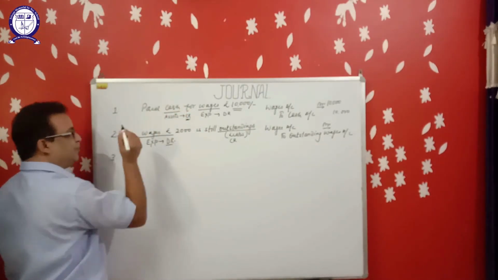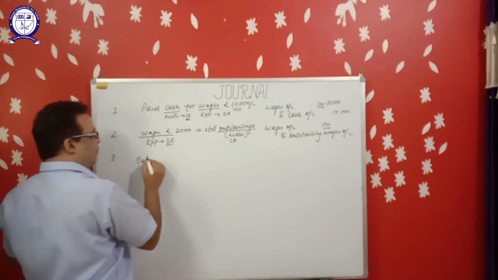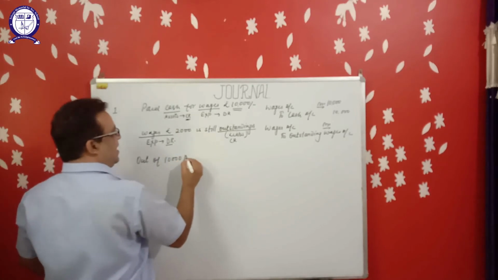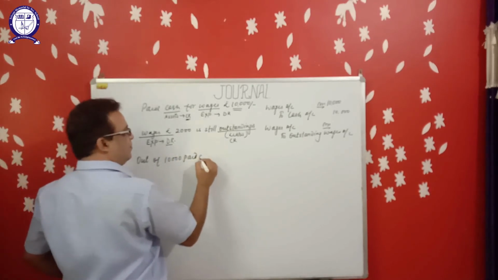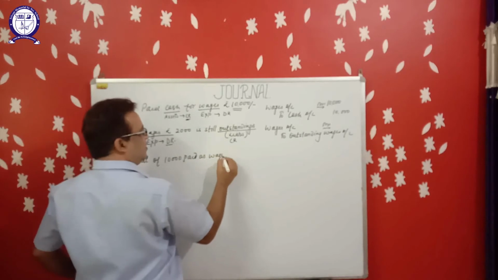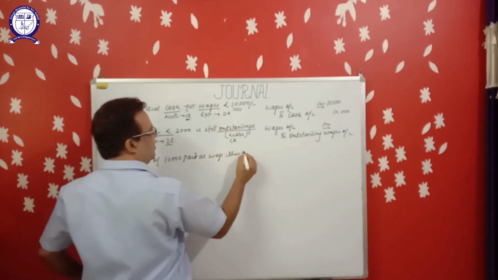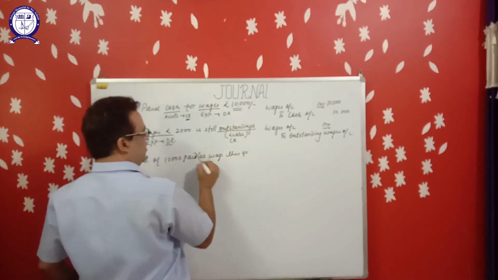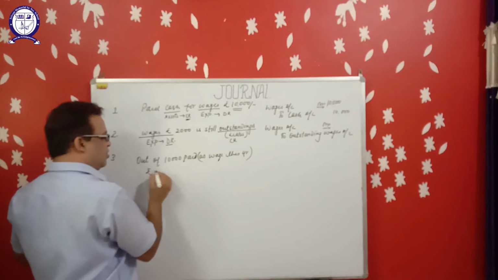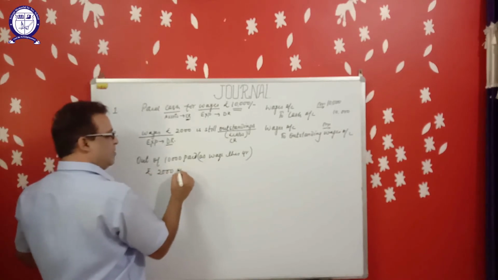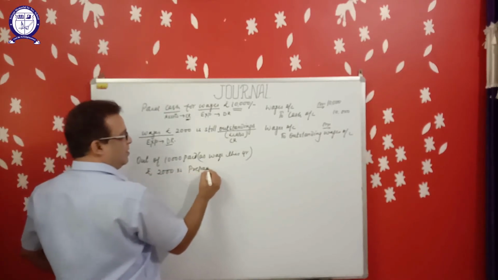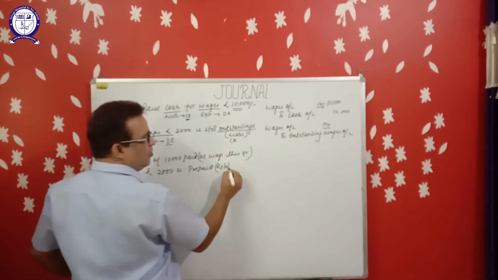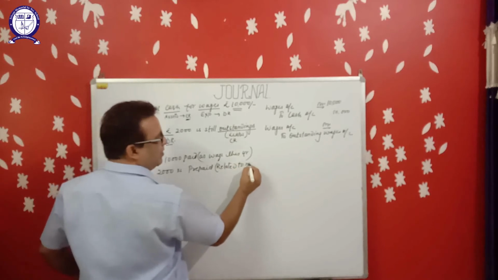Now third point. Out of 10,000 paid as wages this year, rupees 2,000 is prepaid, related to next year.